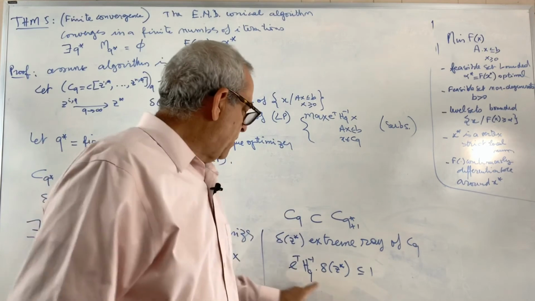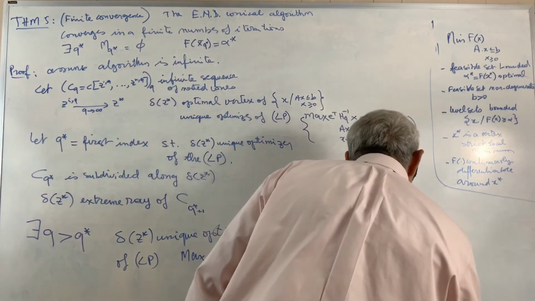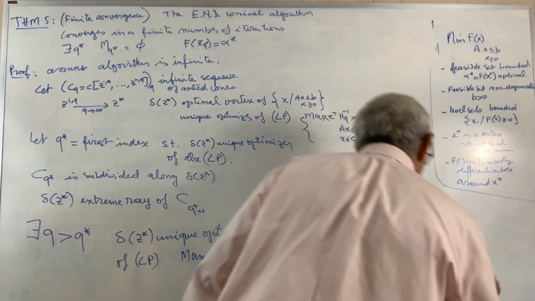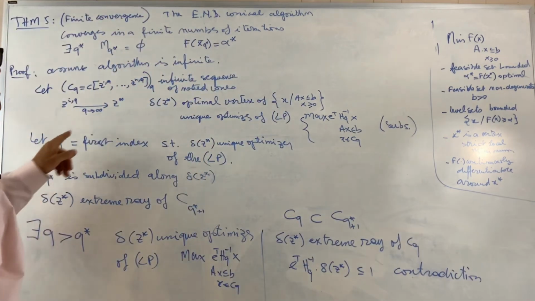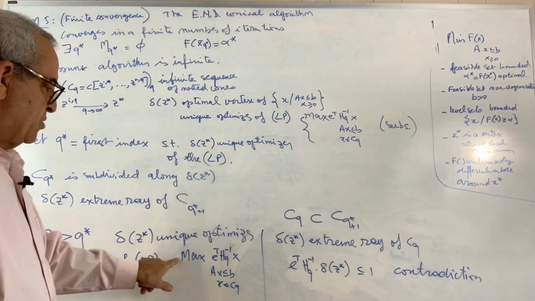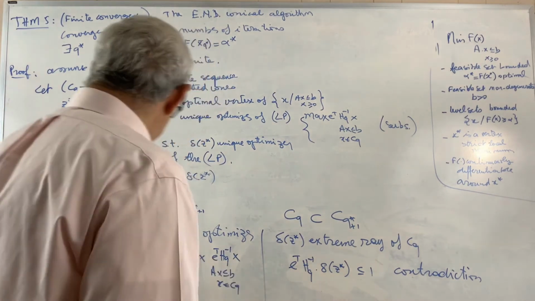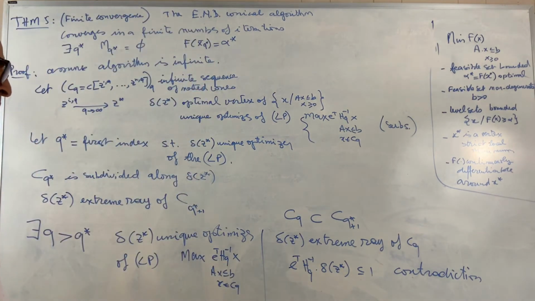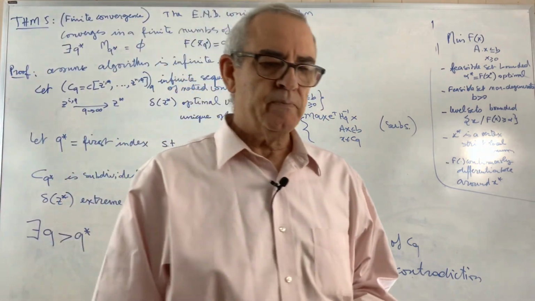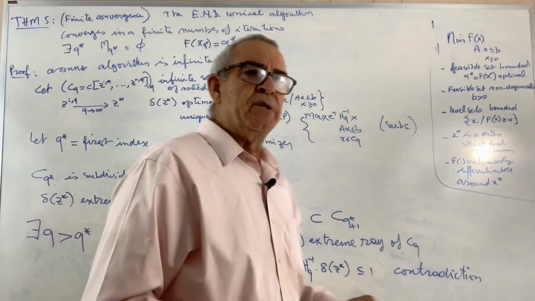So this is less or equal to 1, a contradiction, because the sequence is infinite. That means that the value of this is bigger than 1, and here we showed that it's less than or equal to 1. And therefore, the algorithm converges in a finite number of iterations. So that concludes the proof of finite convergence.